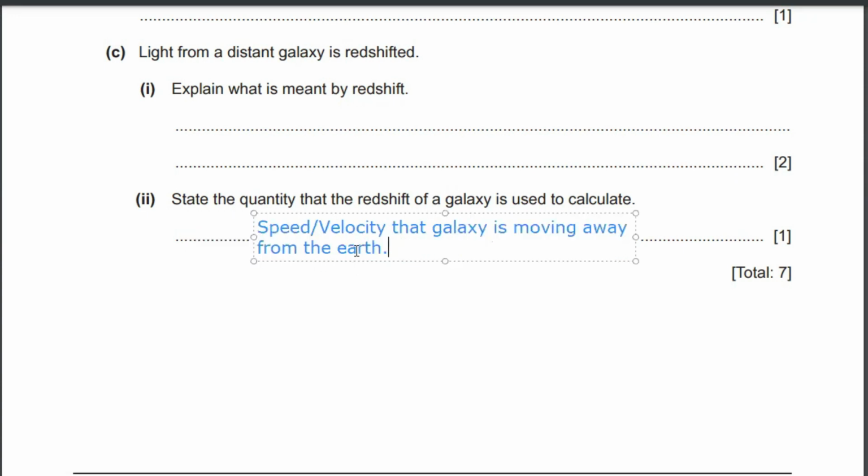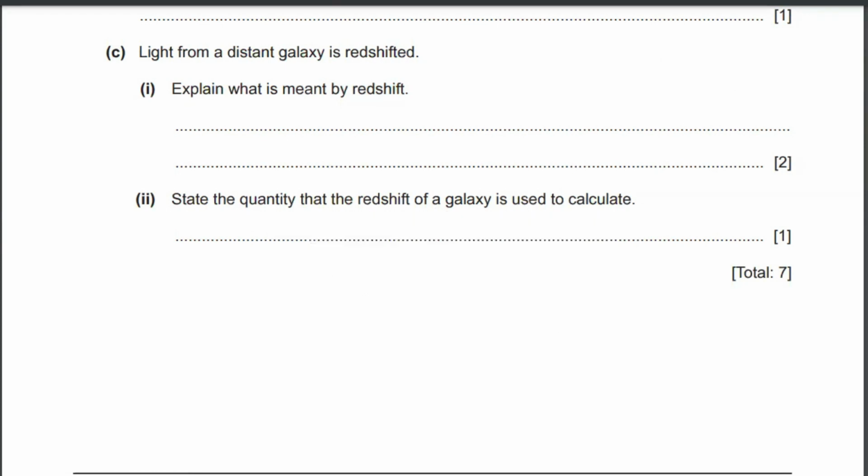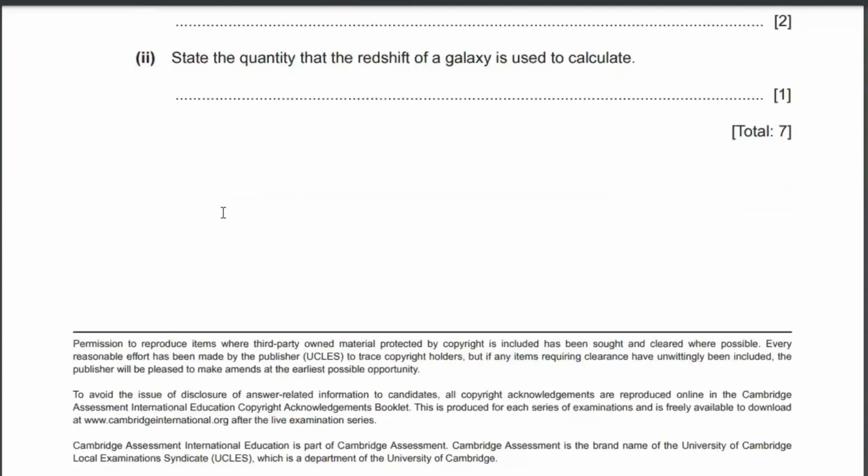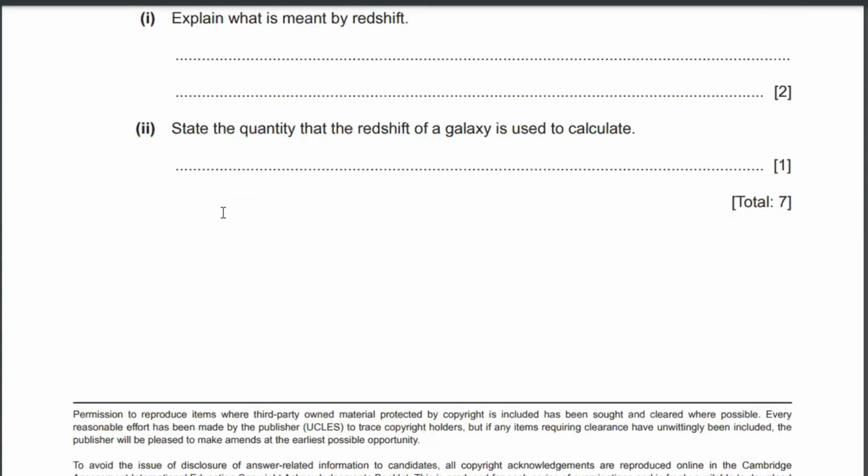Our reference point is Earth. We are stationary according to us, and the rest of the universe around us is moving away from us. If it is more redshifted, that means it is farther apart, and that also means it is moving at a faster rate. So that was the solution for all the questions for the Feb March 2023 physics theory paper.